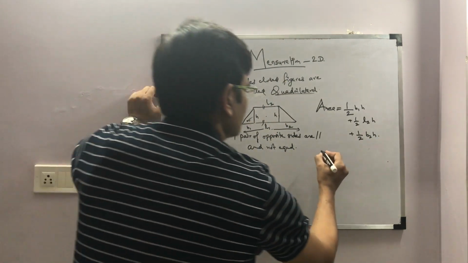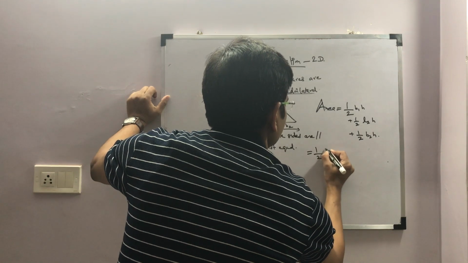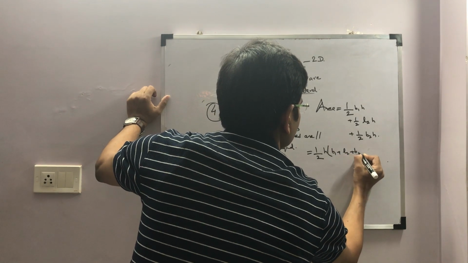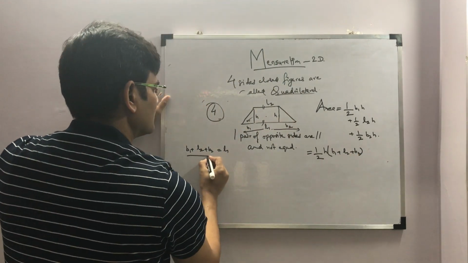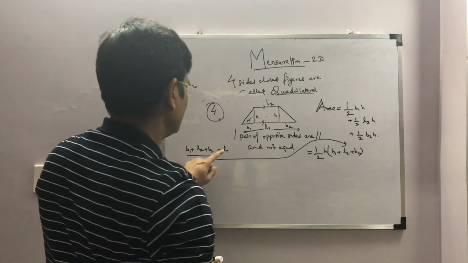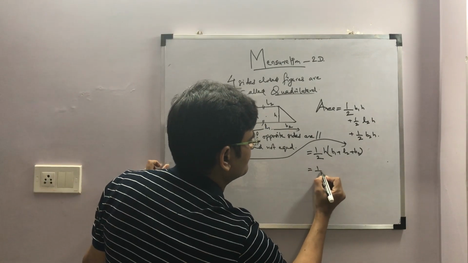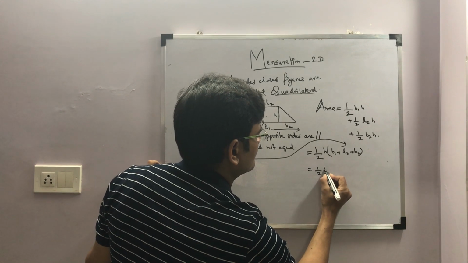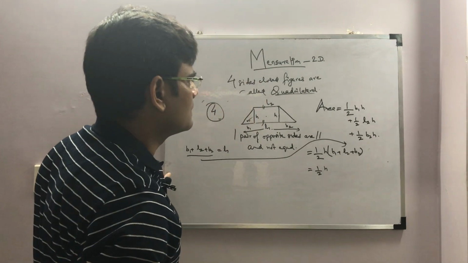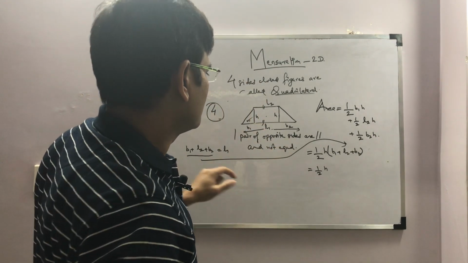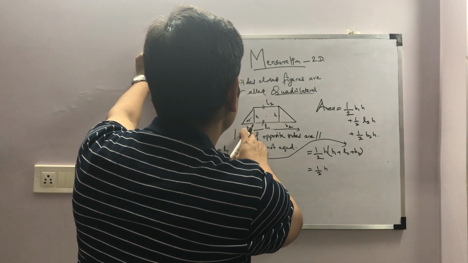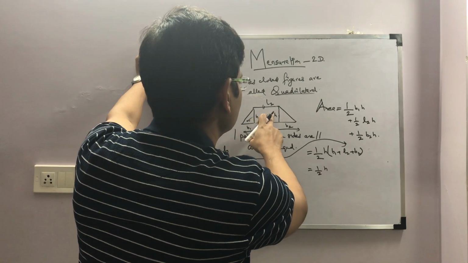Now you take half h common to B1 plus L2 plus B2, and B1 plus L2 plus B2 is nothing but L1. So area is half B1 into h, L2 into h, half B2 into h.